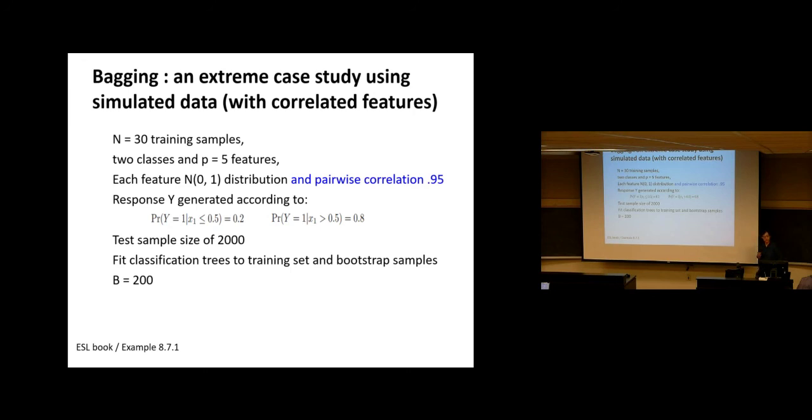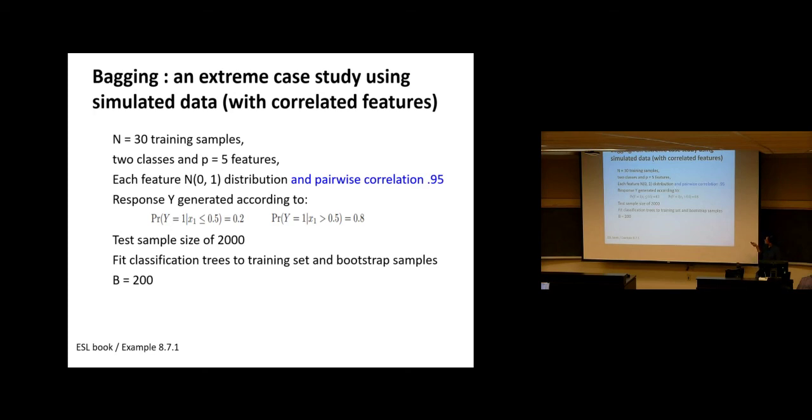In fact, if you just do bootstrap and then learn decision trees on top, the learned trees are very correlated with each other. So let's use a very extreme simulated data set to show you the behavior. Let's assume a super small training data with only 30 examples, or maybe 300.